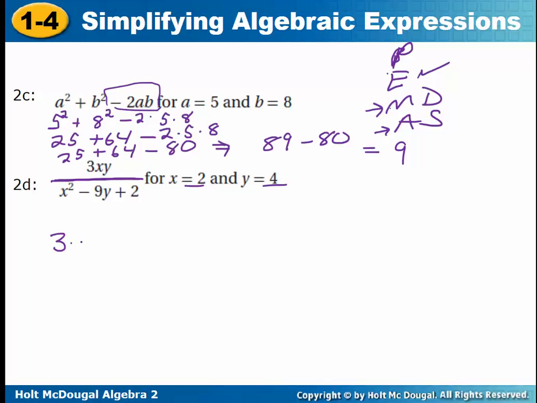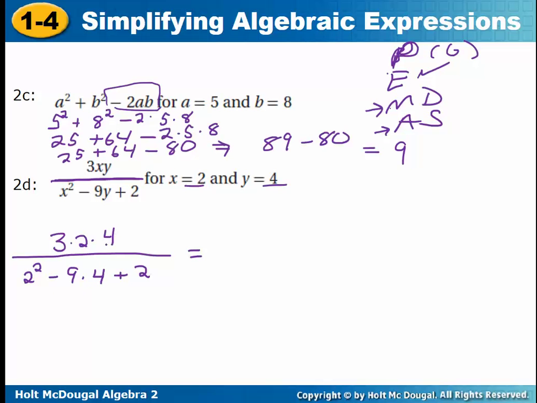So it's grouping the numerator, the 3xy, or 3 times 2 times 4, as one grouping, and then the bottom is also a grouping. So when we do parentheses, parentheses also is grouping. You could call it a G instead of a P. So we're going to work with the top as one group and the bottom as another group.